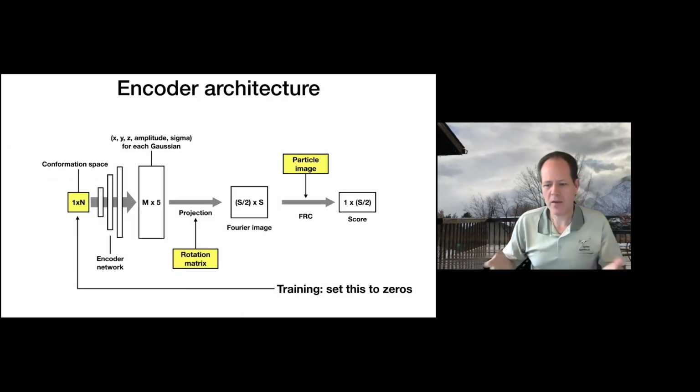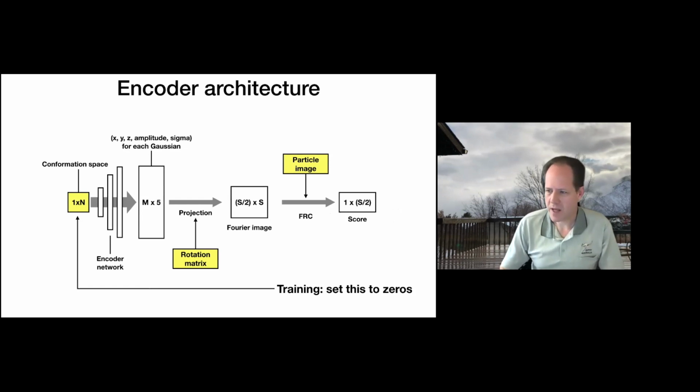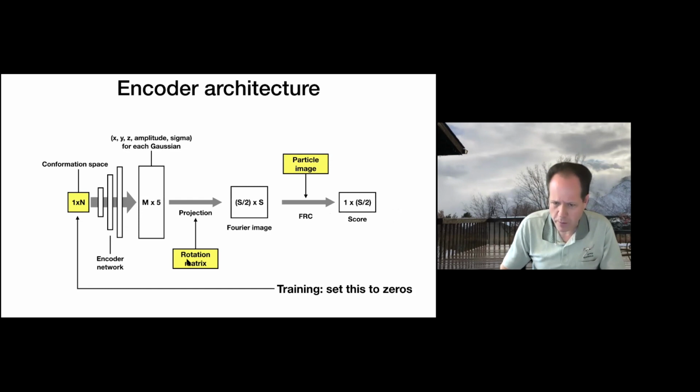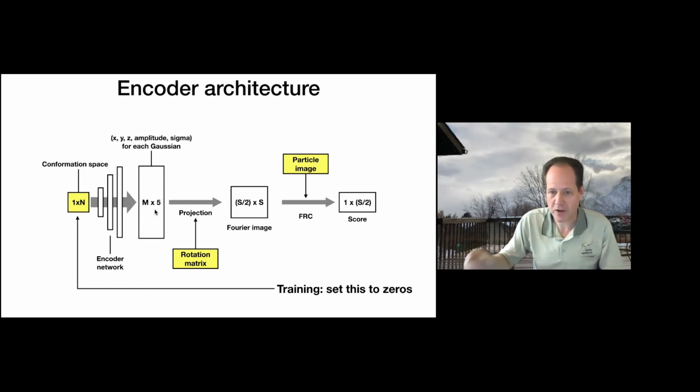Okay, so the way this is trained, we have a bunch of input particle images. We know the orientations of all the particles. So the first thing we need to do is train the decoder. Yeah, I said encoder and decoder backwards before, sorry. So you train it so it can take the latent variable and produce a configuration of these Gaussians, m times 5. Basically, each Gaussian has an XYZ position, an amplitude, and a width, right?